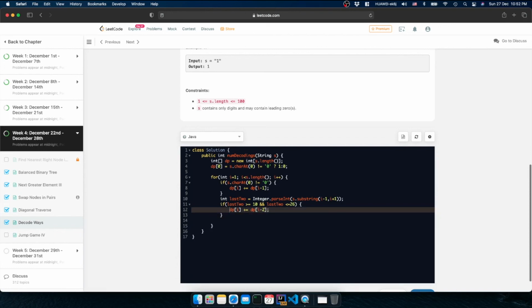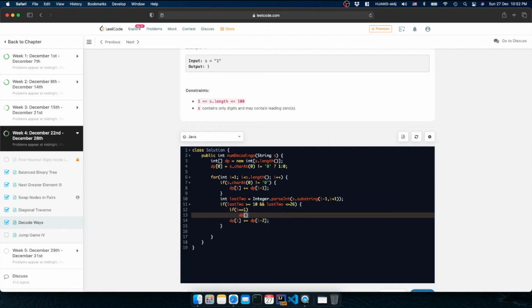But there is one catch here, because we are starting from 1 and we are saying dp i minus 2, so it will give us stack overflow. So I'll just say if i equals 1, then dp i plus plus. So this case is only for the second dp of 1, right? If we are talking about zero based indexing, so this is only for that.